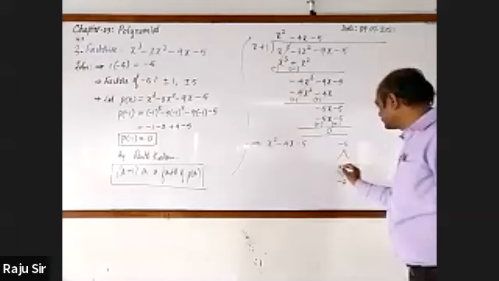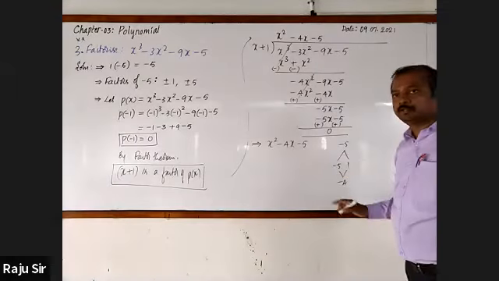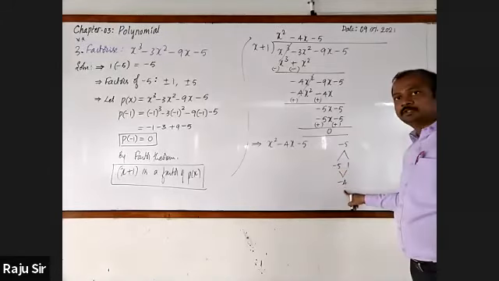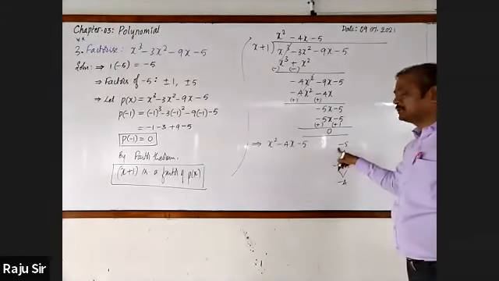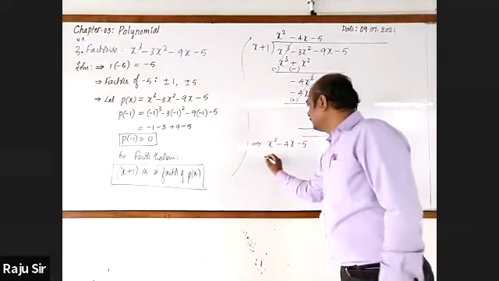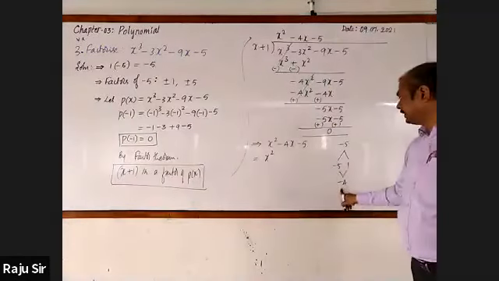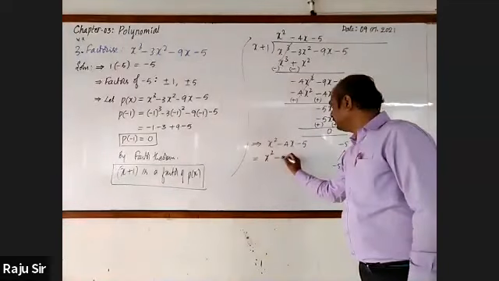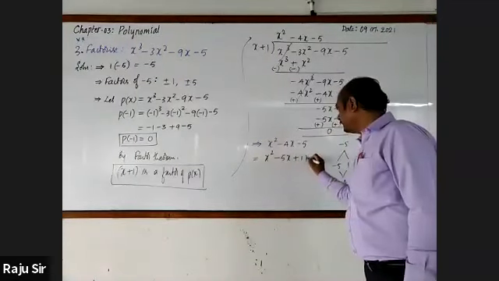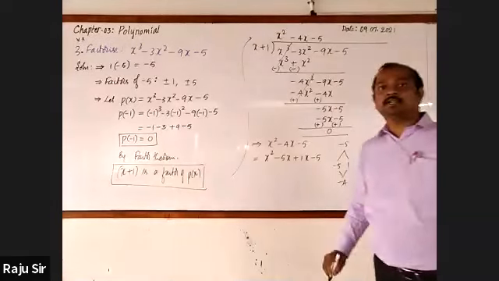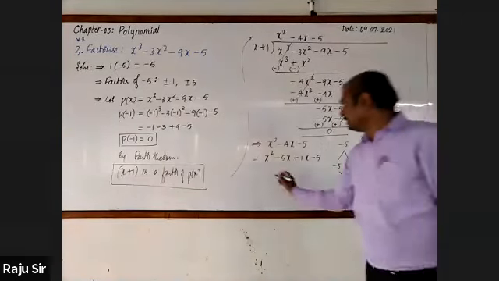Minus 5 and plus 1. Minus 5 plus 1 is minus 4, and minus 5 into 1 is minus 5. Right. Here x square minus 4x can be written as x square minus 5x plus 1x, and the remaining constant minus 5.